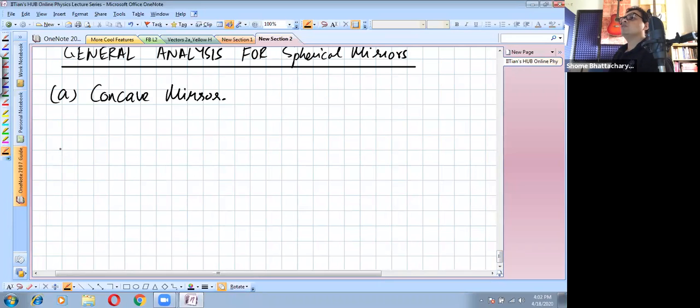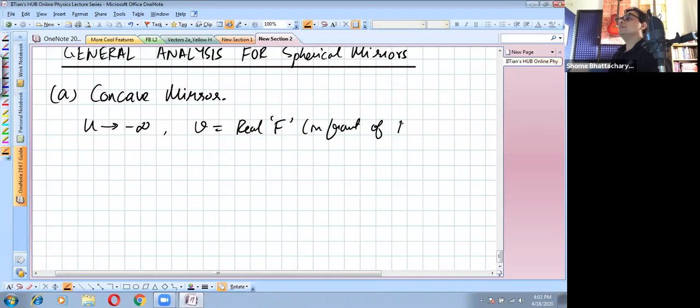The first aspect of the concave mirror: we have seen that if the object is at infinity, or mod u is infinity, the image is at the real focal point, in front of P. By the magnification formula, it is highly diminished because your image distance is finite. Remember, f is equal to R by 2.